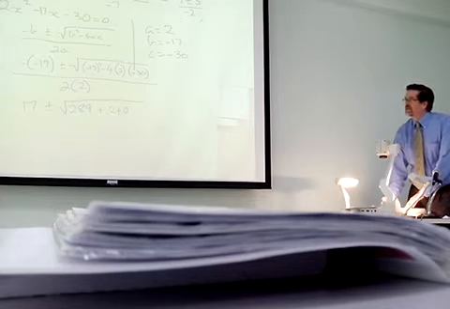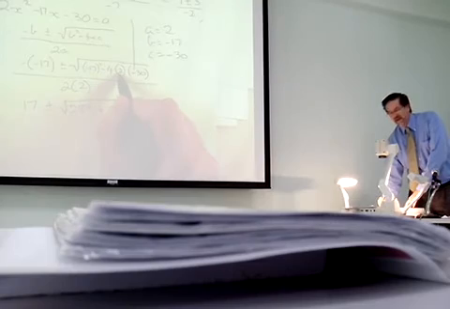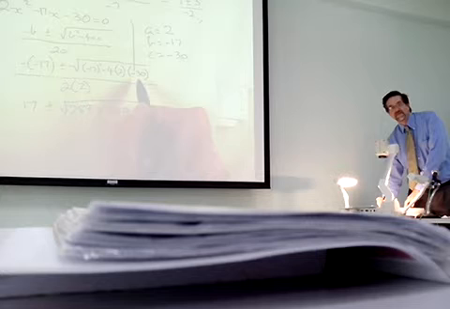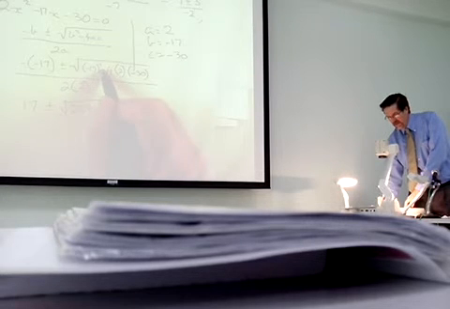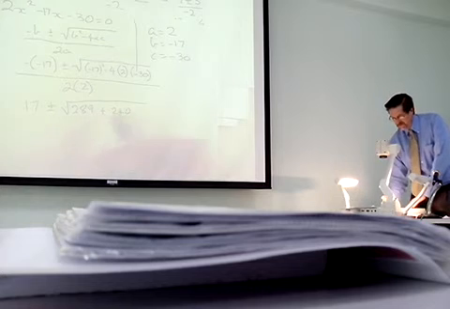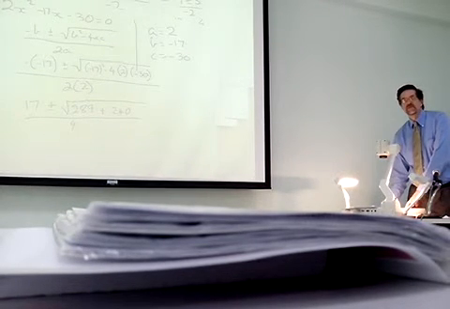So 4 times 2 is 8. 8 times 30 is 240. But we have minus and minus makes it a plus. Divided by 4.